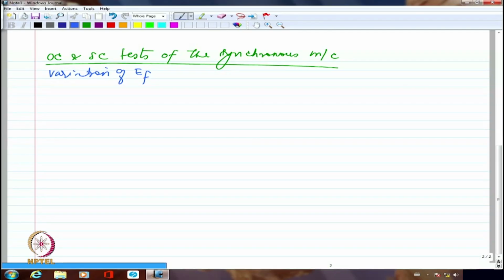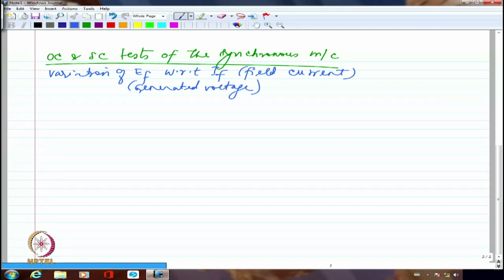So variation of EF with respect to IF, that is the field current. Right? This is the generated voltage in the armature under open circuit condition, of course. So I am not connecting any load to the armature. There is no question of any armature reaction and so on.